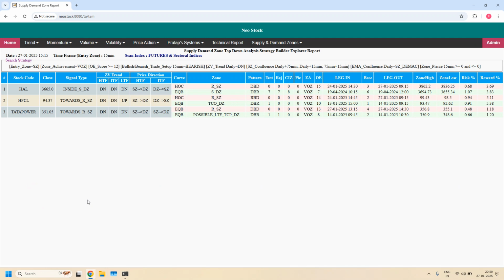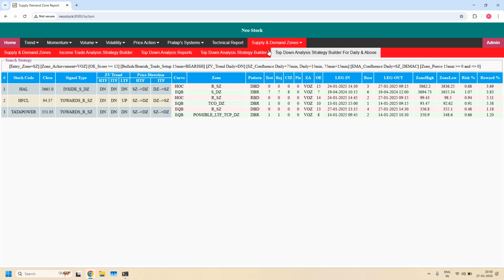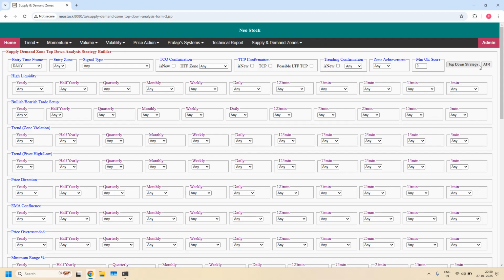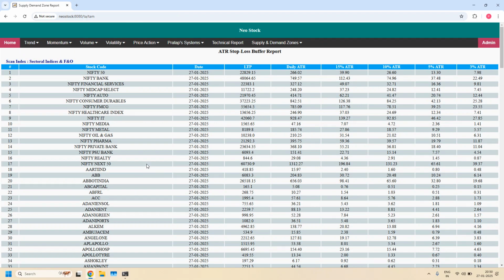daily income trade. And in the final report, let us generate stop buffers based on daily ATR. So this is the daily ATR. The first 17 in this list are indices, and the remaining are all equity stocks. So I am scrolling the list down. Whichever stock you want to refer to, pause the video there. After that you can proceed.